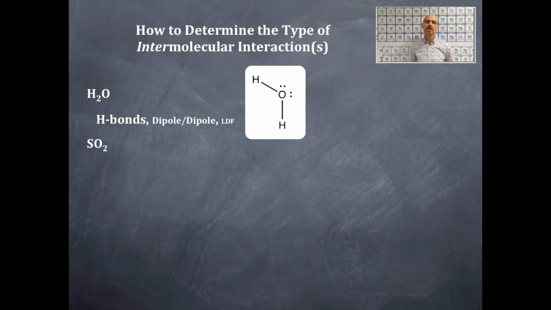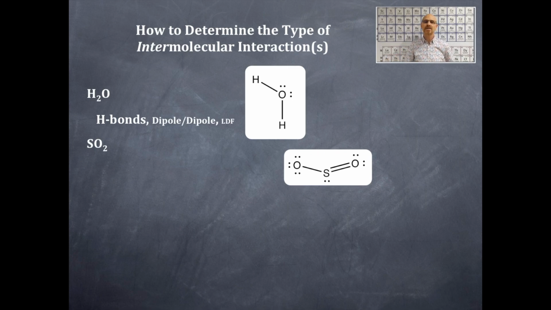Let's take a look at another one. This is sulfur dioxide. So again, what you have to do is draw the Lewis dot structure. Here's the Lewis dot structure for sulfur dioxide. There's a lone pair of electrons on that central sulfur, and therefore that makes this molecule asymmetric. It's a bent-like structure. So since it's bent, then we know the highest kind of intermolecular force.